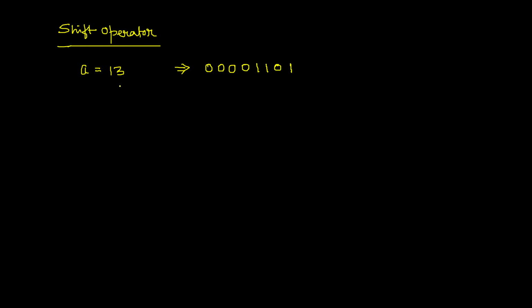Now a bitwise operation, let's see how a bitwise operation works. If I write B equal to A << 2, this is what we call bitwise left shift.